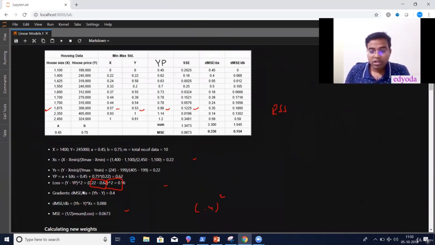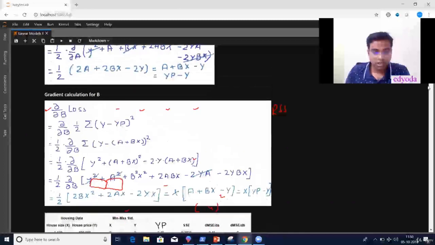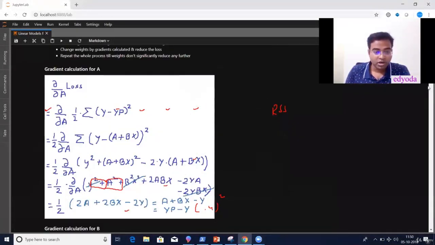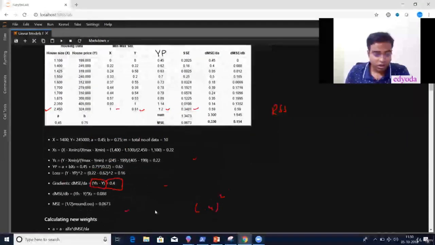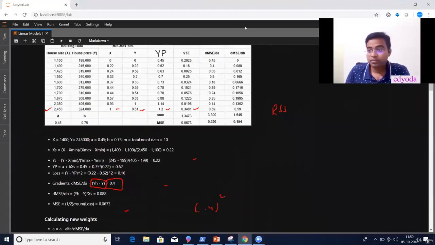And above we have calculated our loss. Loss is the mean squared error, so MSE, we have written it below. It is nothing but yp minus y.